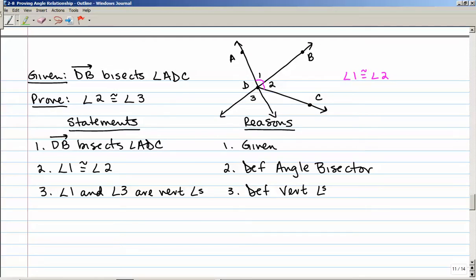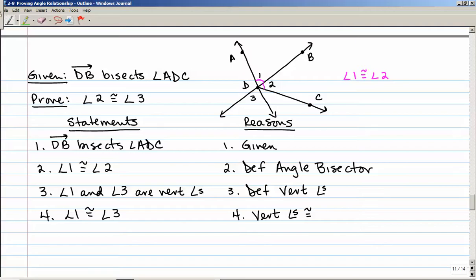Okay. Now notice the definition doesn't say anything about them being congruent. That was actually one of our theorems from the first section. So from this I can say angle 1 is congruent to angle 3 because all vertical angles are congruent. That was a theorem that we had before. So vertical angles are congruent to each other.